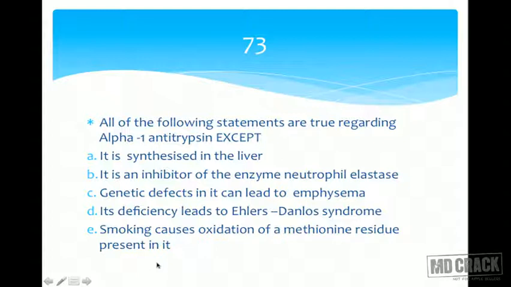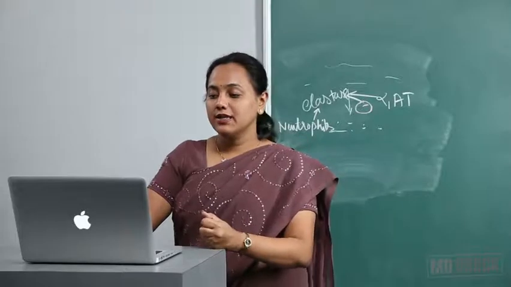This must be easy for you. Its deficiency leading to Ehlers-Danlos syndrome is the false one. Ehlers-Danlos syndrome is mainly associated with collagen and collagen metabolism. It is not related to elastin.